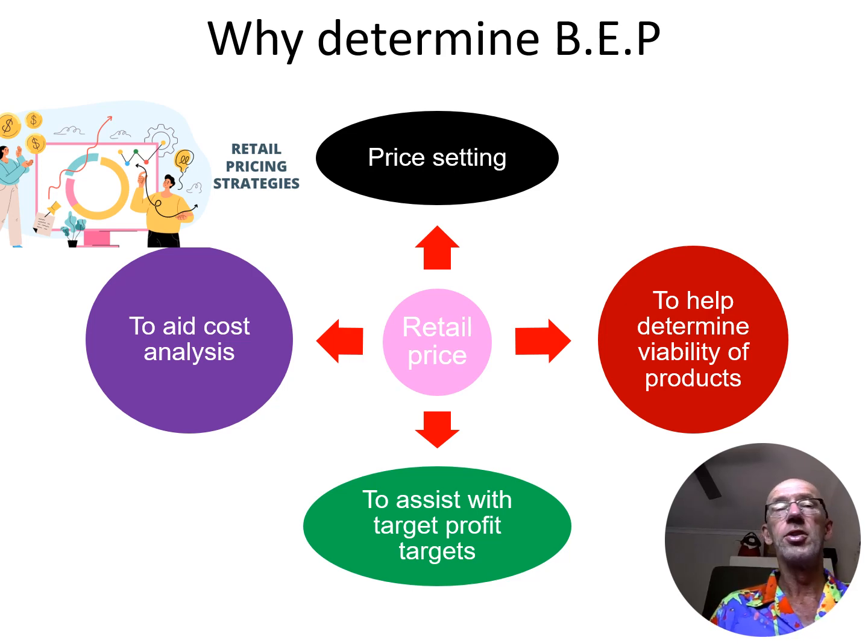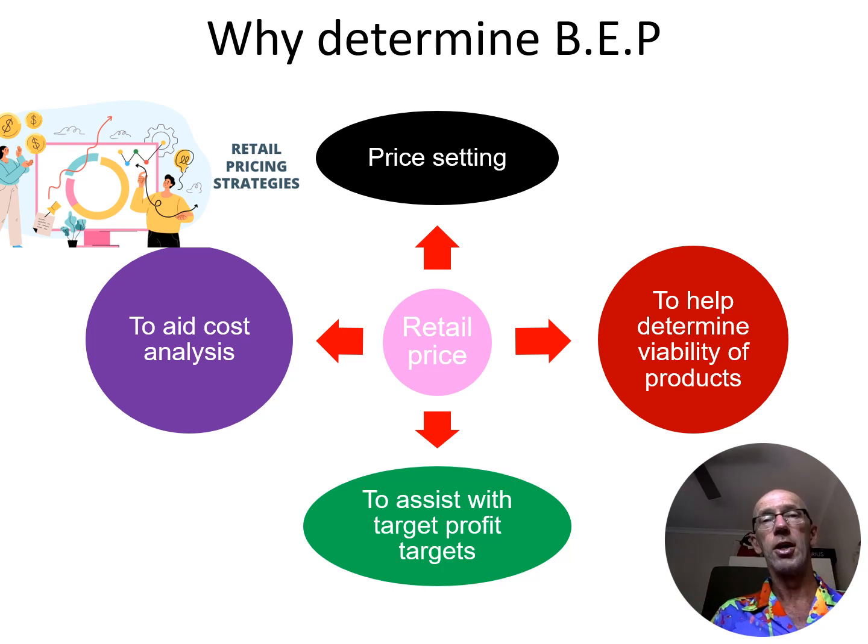It also helps us with our cost analysis, particularly with our variable costs. It might help us bring into focus costs that are exceedingly high that will impact the viability of the product, which leads into the third point.